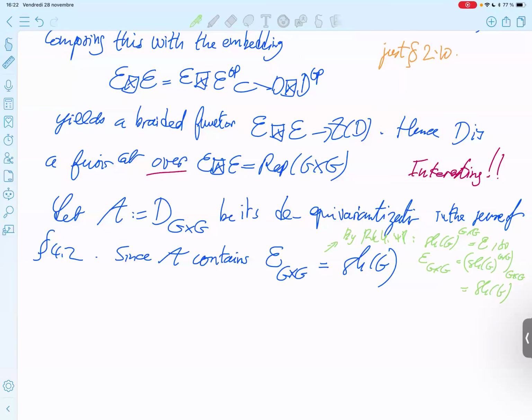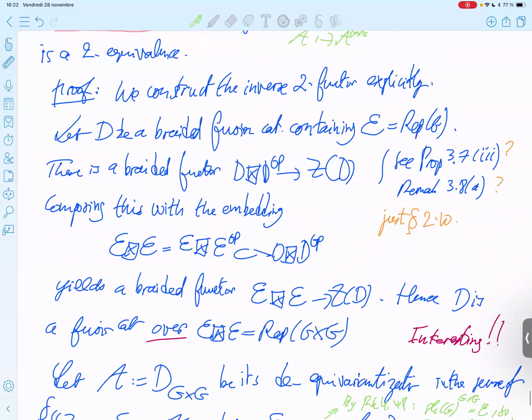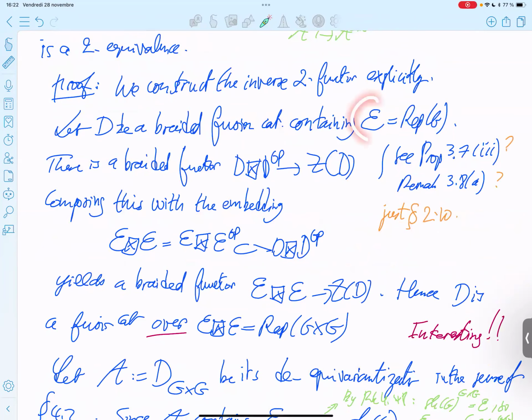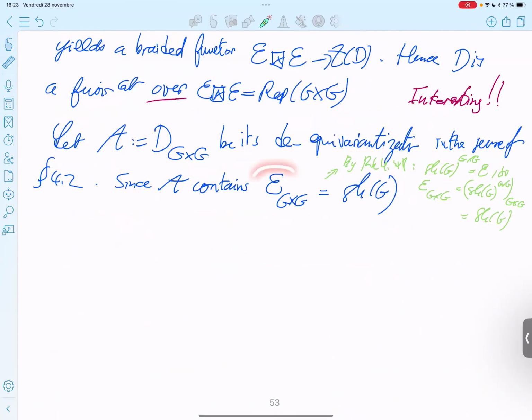Okay, and D. So D, yeah. So you take E in D. So you have this here, because you apply the disequivalentization.